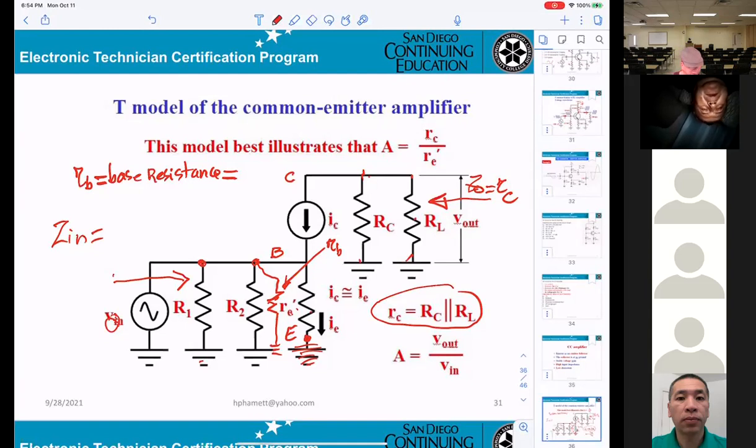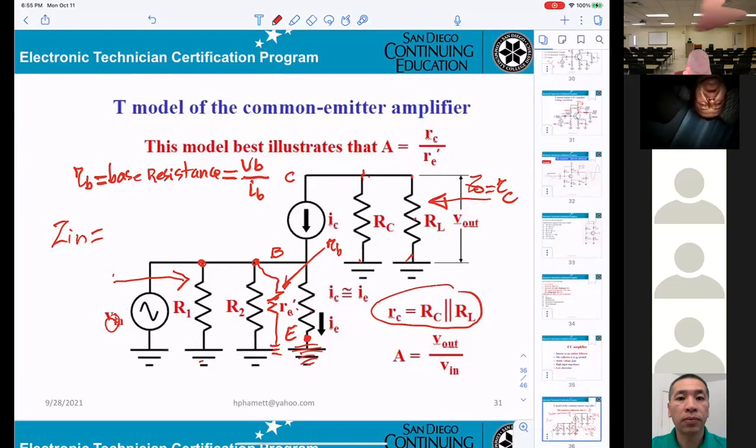That's basic Ohm's law: you take VB divided by IB. How do we calculate that? It will come later.